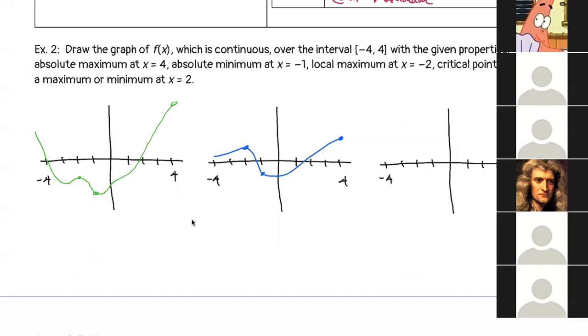If I look at the blue graph that I drew, and I looked specifically at x equals 2, is the slope there 0? No. Okay, it's not. This slope right here, that's not 0, right? What does the slope of 0 look like?